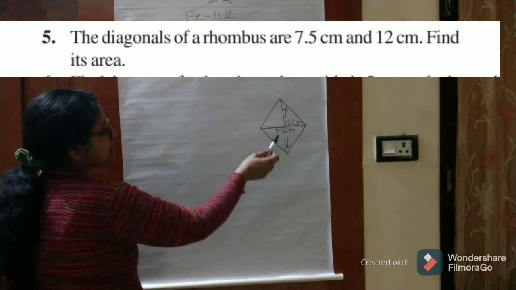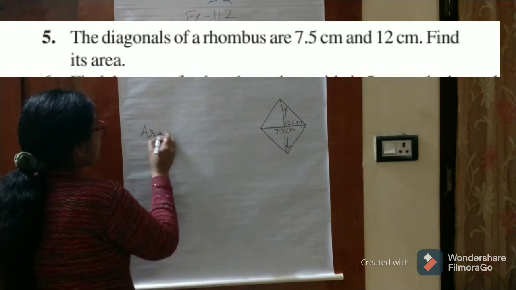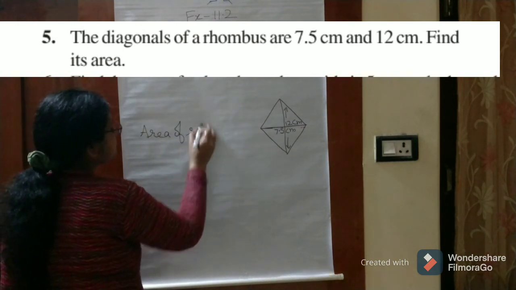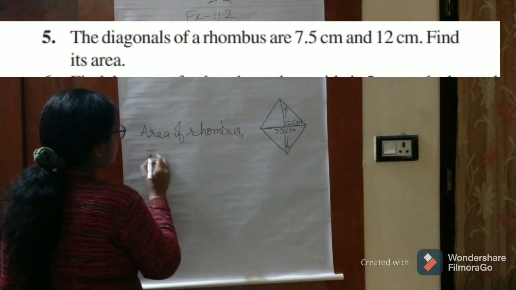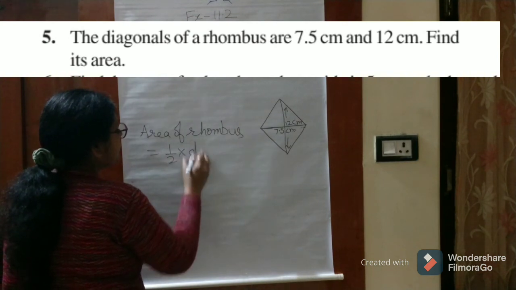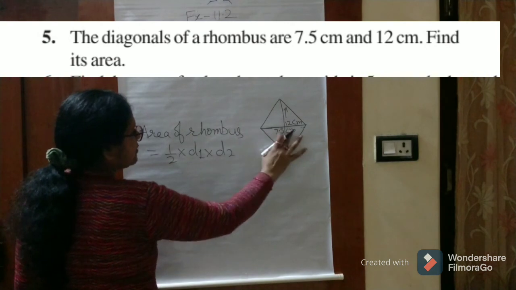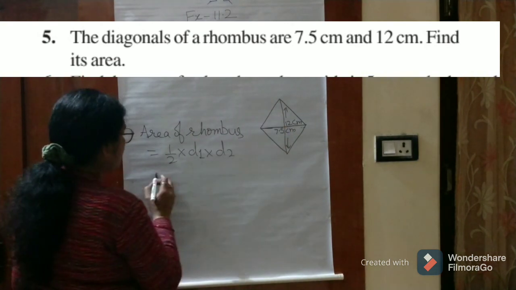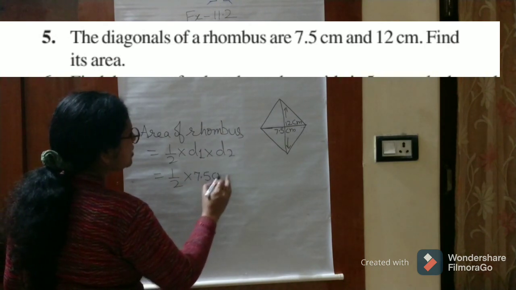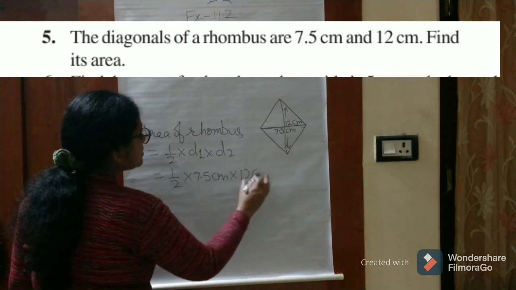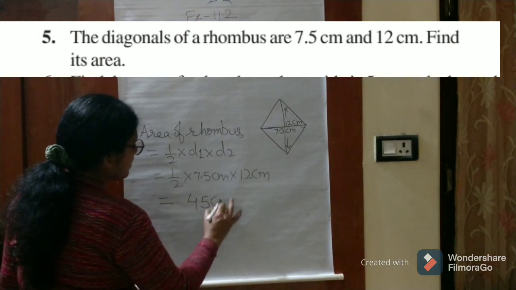So when the sides are not given and the diagonals are given, then the formula of area of rhombus is half d1 into d2, where d1 is diagonal number 1 and d2 is diagonal number 2. So half into 7.5 centimeter into 12 centimeter, that is 45 centimeter square.